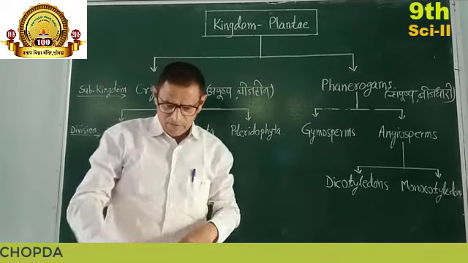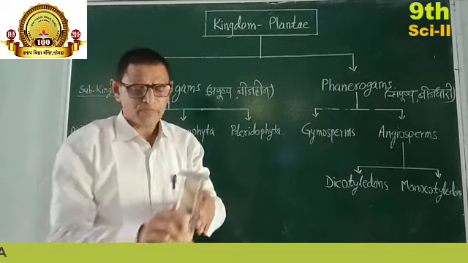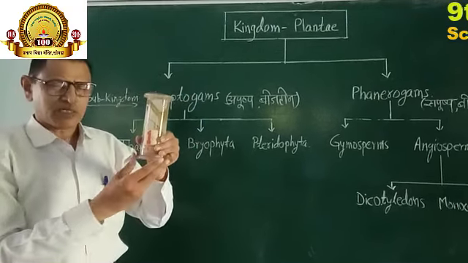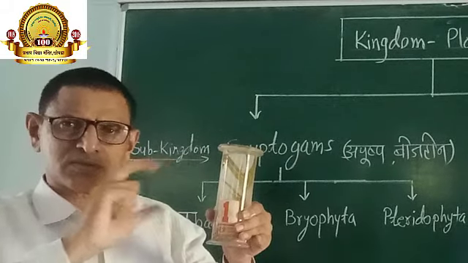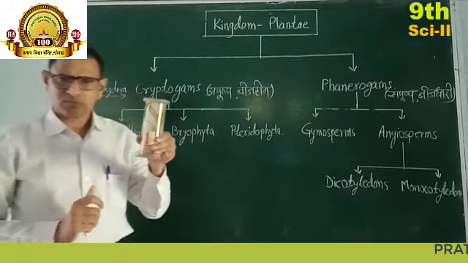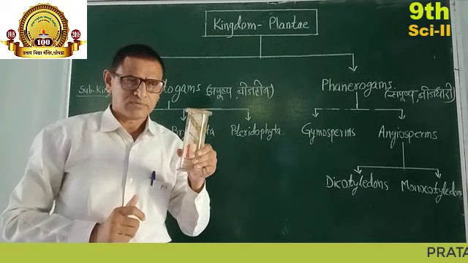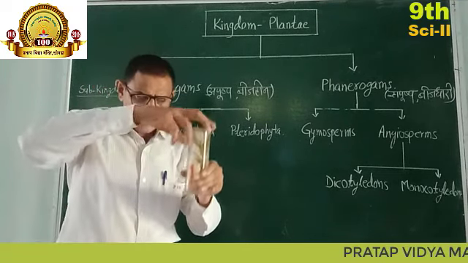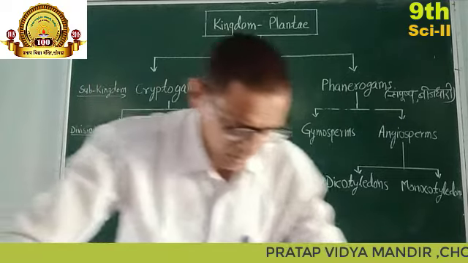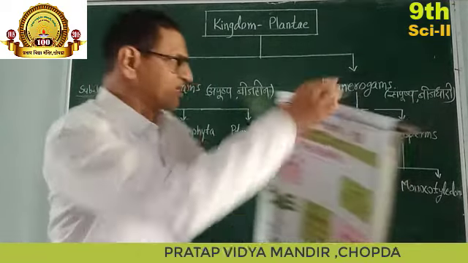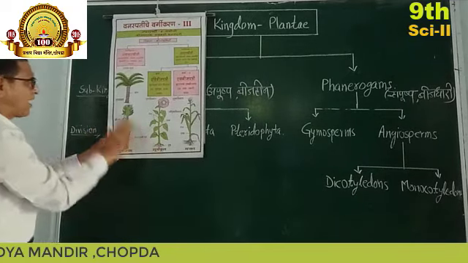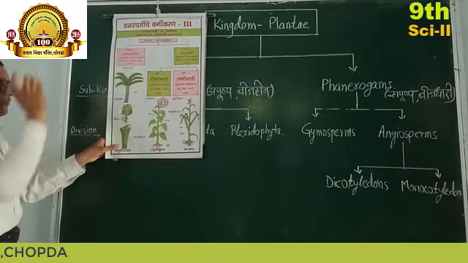Just I have a specimen here of cycas plant. That is a specimen form, like a leaflet. Again, I have the chart of cycas plant here. Please observe this chart, particular figure.